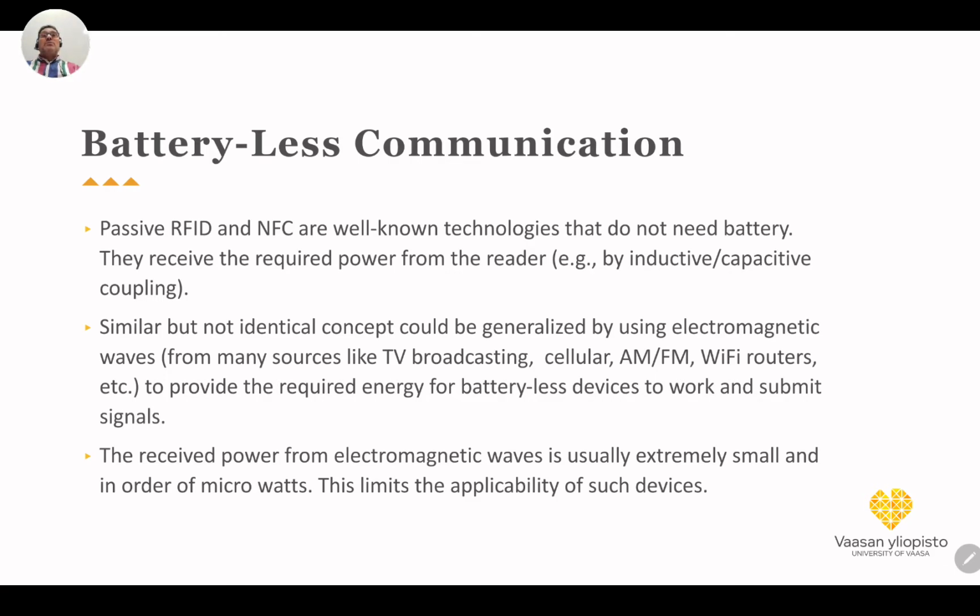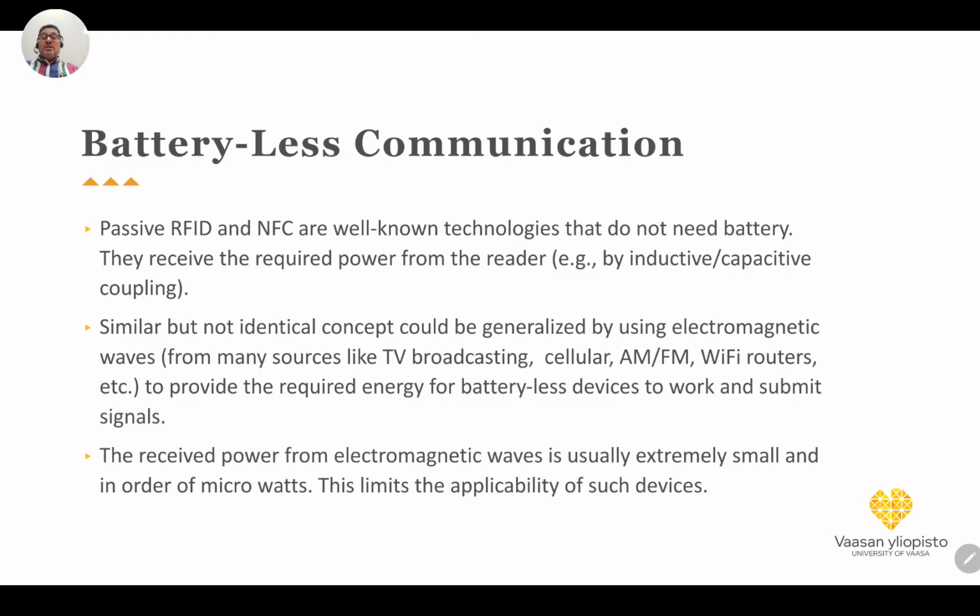However, if we have some smart harvesting circuit, because the electromagnetic wave is free and available all the time, just harvest it, have some battery, and try to store as much as you can. Maybe within 24 hours of harvesting you will have enough energy to send a few packets for a few meters.